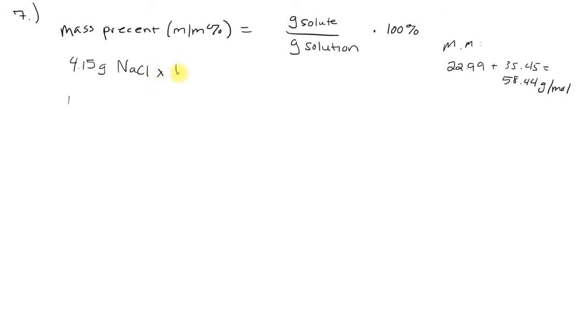So I want to get that into moles because I'm trying to calculate... Oh, no, wait, I'm not doing a molarity. Hang on. I'm doing grams of solute, grams of solution. That's why I write this down when I see mass percent, just to remind myself what I'm trying to do. So I don't have to do this. That was wrong. So 4.15 grams of NaCl, that's probably the solute, and 65.1 grams of water.